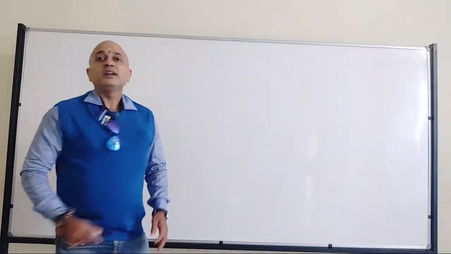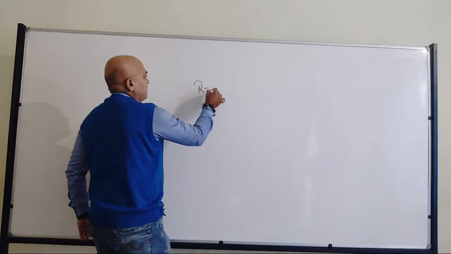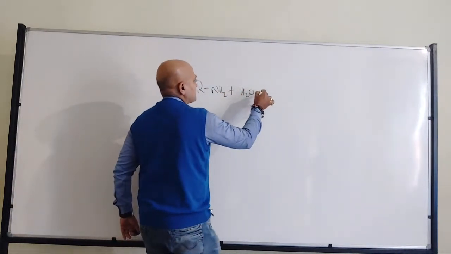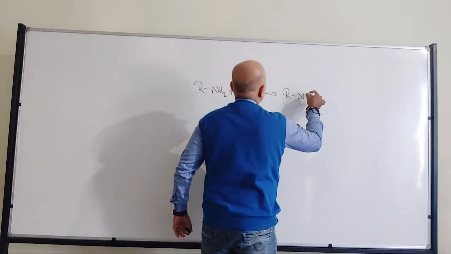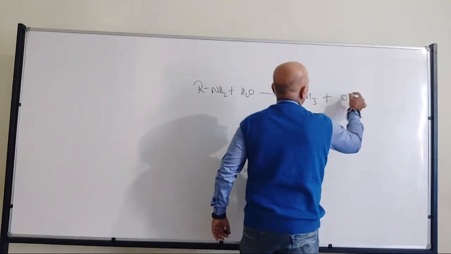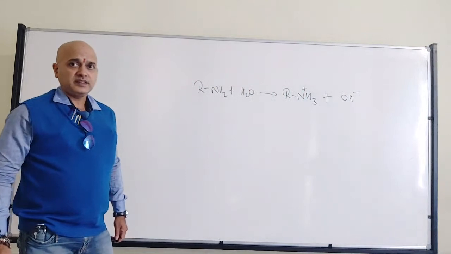Fine? Right? As I have discussed, we have amines. Already I have written this reaction: R NH2 plus water getting converted into R NH3 plus OH minus. So this is the reaction, right?